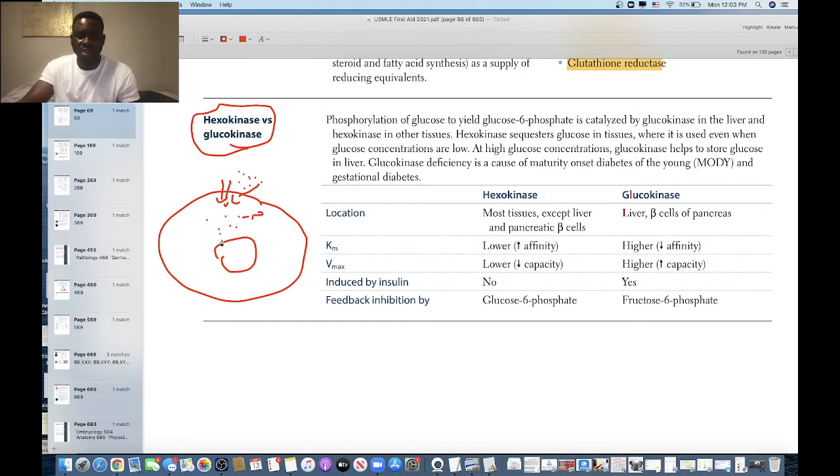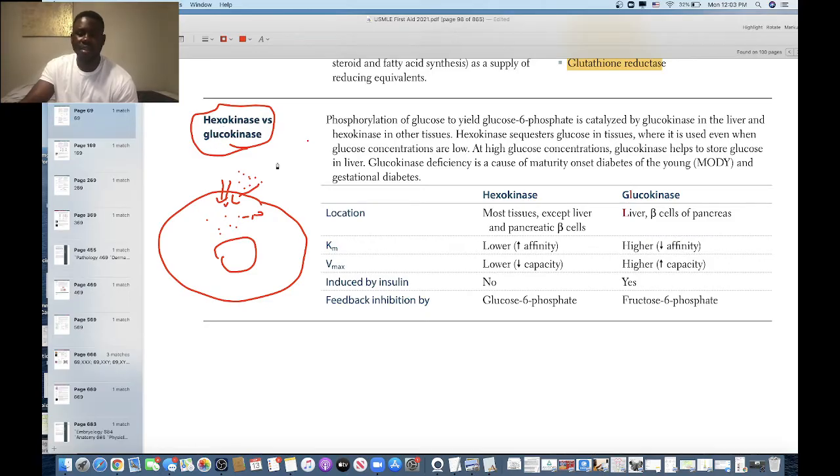So as soon as glucose enters, glucokinase adds a phosphate. We said all kinases, you see the kinase here? They've written kinase here, right? All kinases add phosphate to something. So glucokinase will add phosphate to this. Hexokinase will also add phosphate to it.